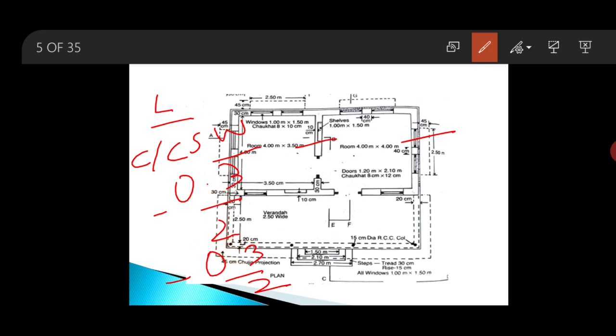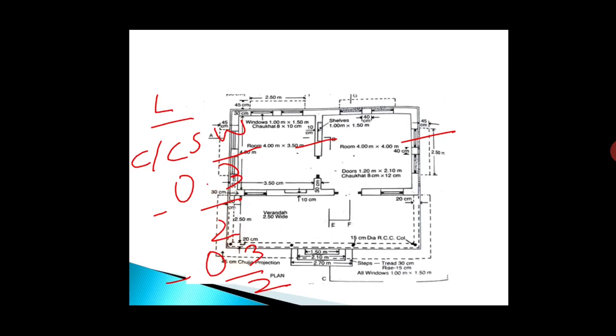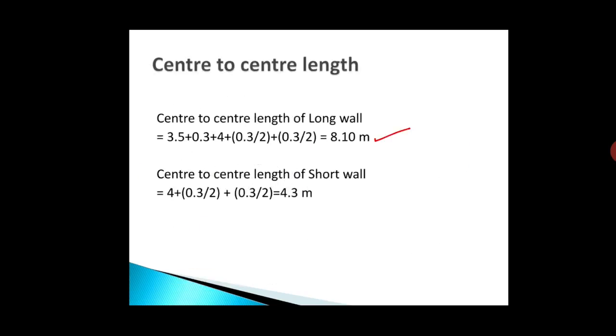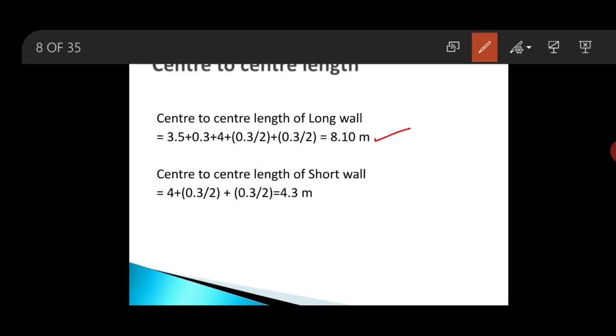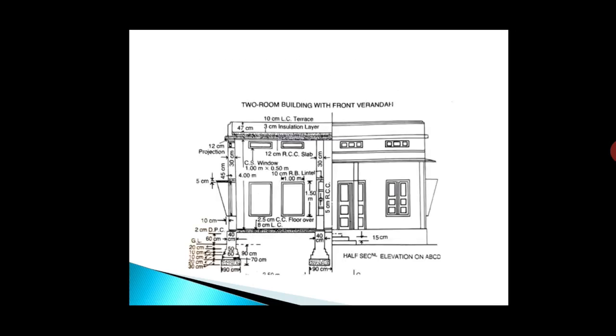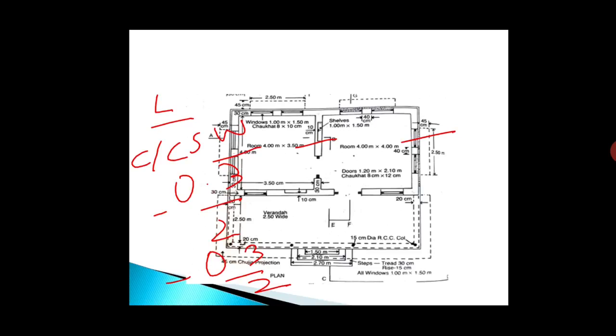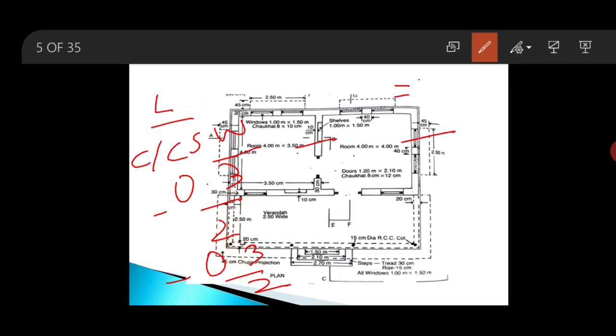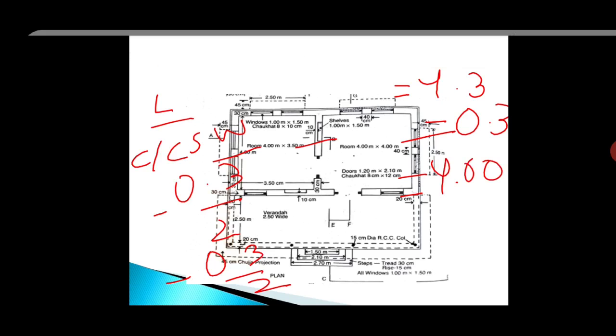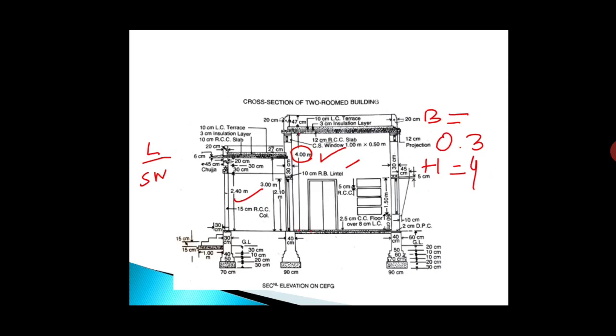What is the center to center length of short wall? This has already been calculated, and see here, this is 4.3 meter. So from 4.3 we will subtract 0.3. So this will be equal to 4. The length is 4 meter and breadth and height will remain same as your long wall.